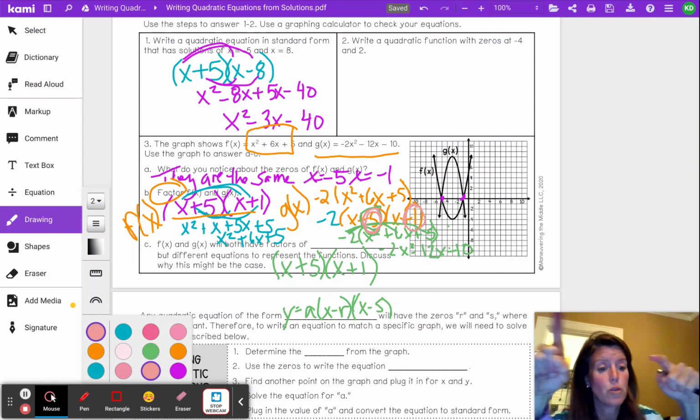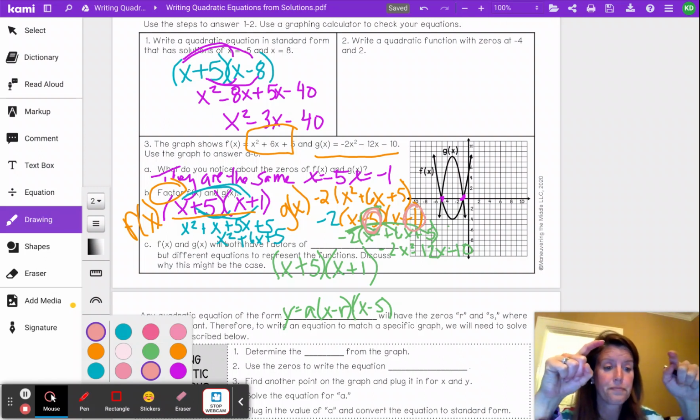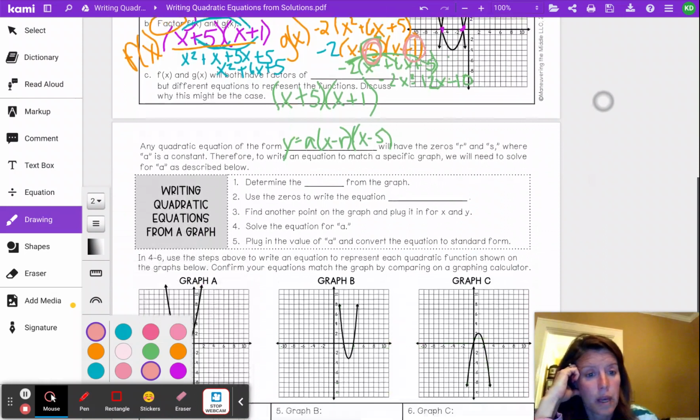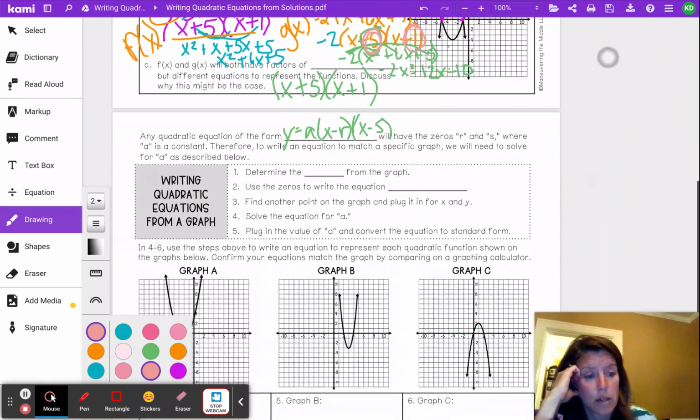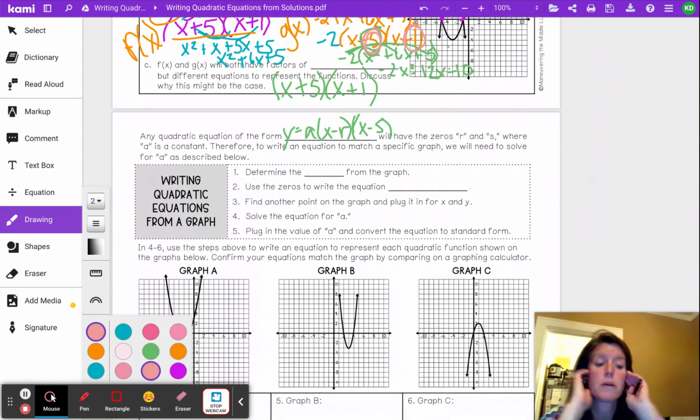And then that -2 in the front, that's the a. That is that leading coefficient once it's factored out. Okay. And I know this is probably confusing, and I hate that I'm not there to answer questions as you're probably coming up with them. But when we do some examples, hopefully it'll make a little bit more sense.